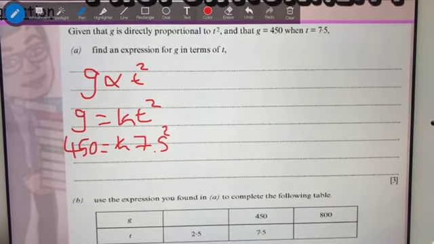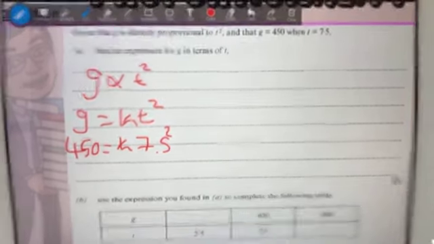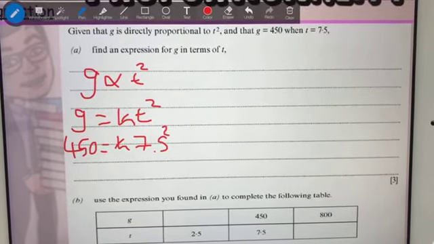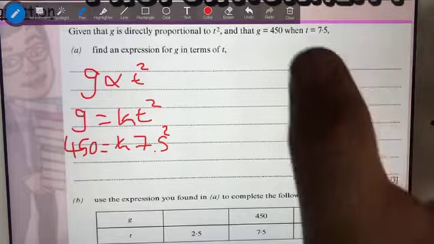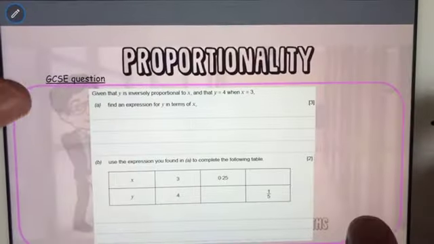Again, you probably need a calculator on this one. I'm not sure where mine's gone. Let's see if I can find it. Right, can't seem to find a calculator, so I'm going to move on to the next one, which I don't think you need a calculator for.